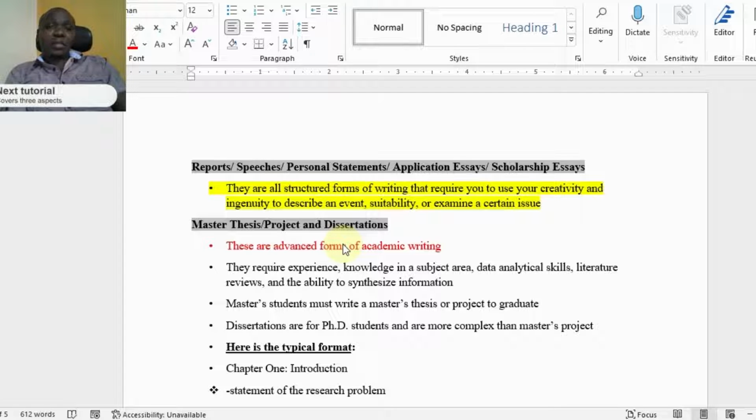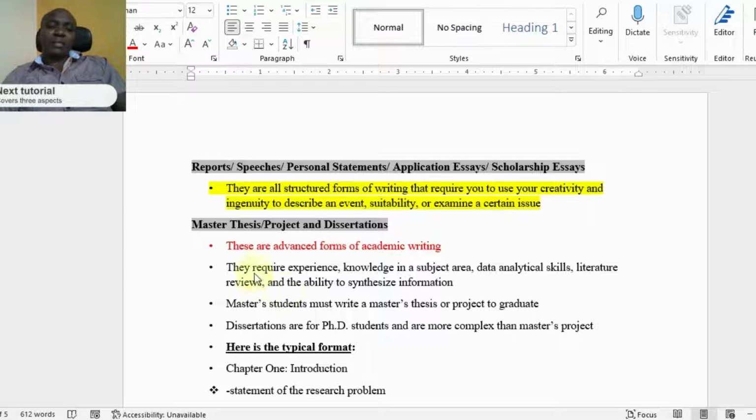So reports, speeches, personal statements, application essays, and the scholarship essays, each has its unique structure, which we can look at later as we progress with this training.